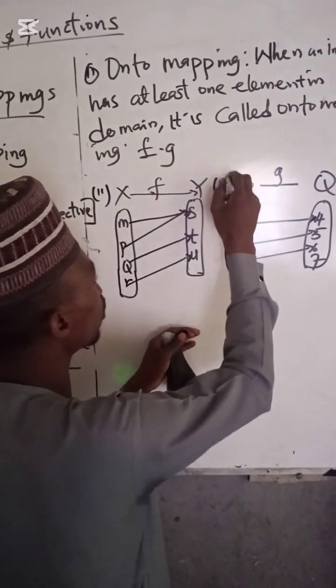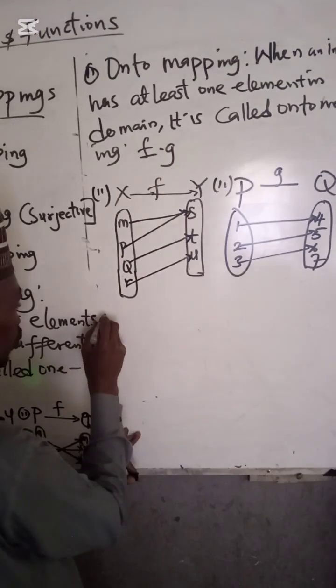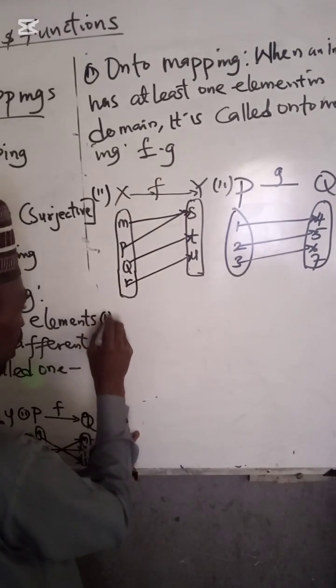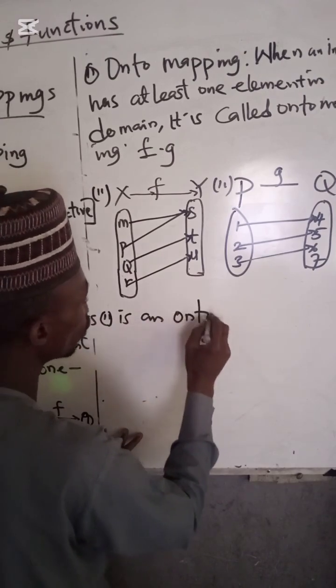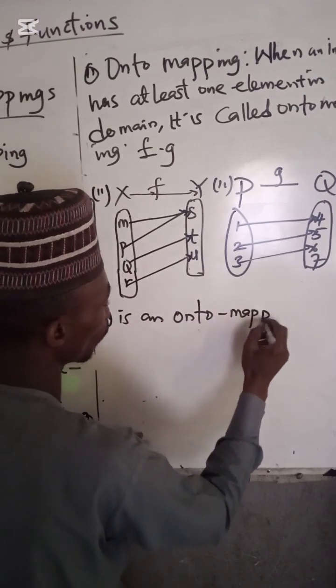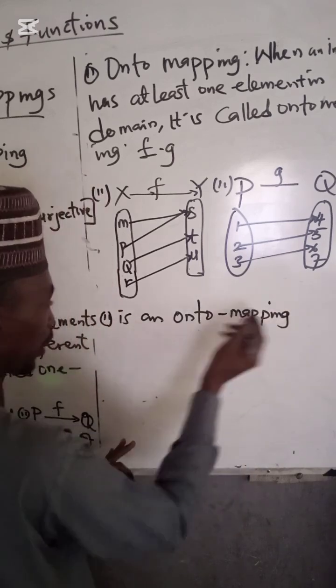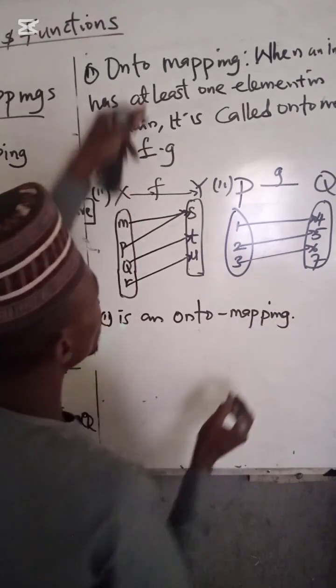Example 1 is an onto mapping because of this definition.